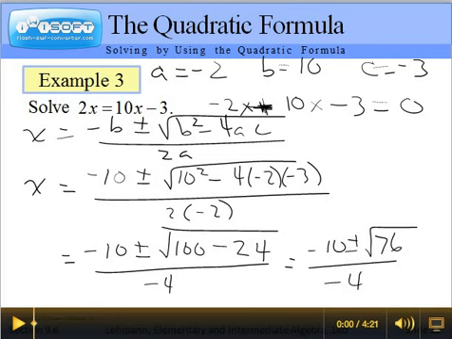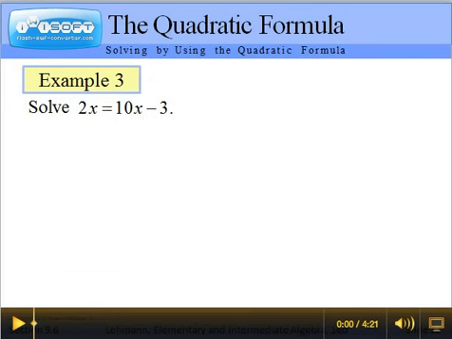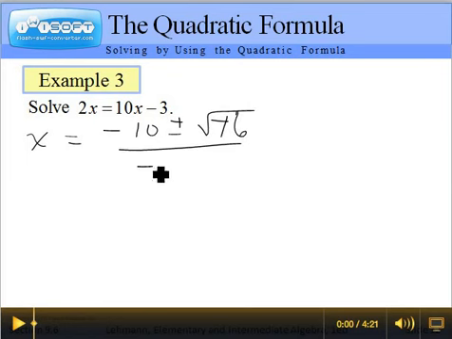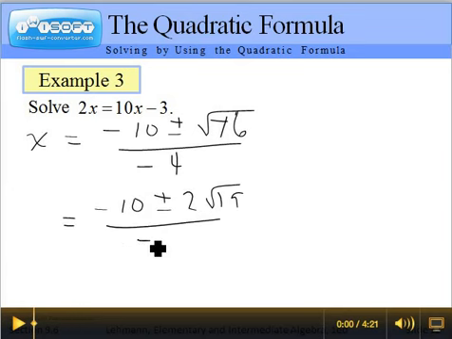So I can simplify the square root of 76. So that would give me x equaling, first I had the -10 plus or minus the square root of 76 all over -4. So this would give me -10 plus or minus 2 root 19 over -4.